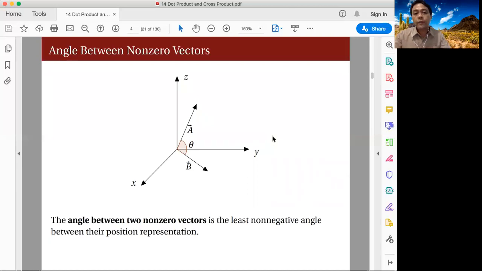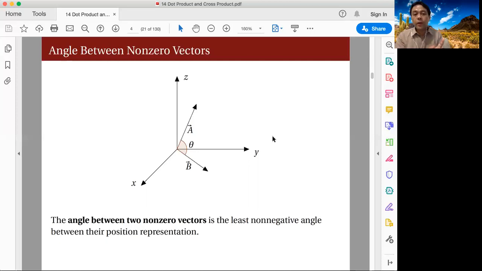Now, if we have two vectors which are non-zero vectors, we can always draw the vectors from the origin, and we will draw then position representations of the vectors. So these vectors will share a common starting point, which is the origin.